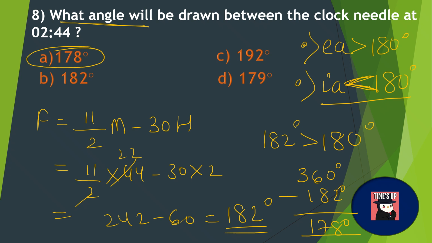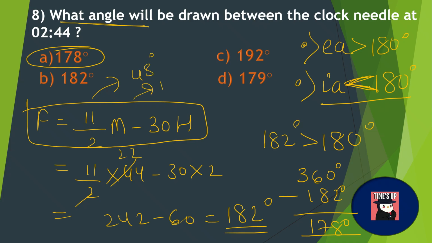Now you will get one confusion. In the previous first two questions, we did not subtract from 360 degree when what angle was asked, correct? So there, what answers did you get after applying this formula? You either got 45 degree or 105 degree. These 45 degree and 105 degree are less than 180 degree.